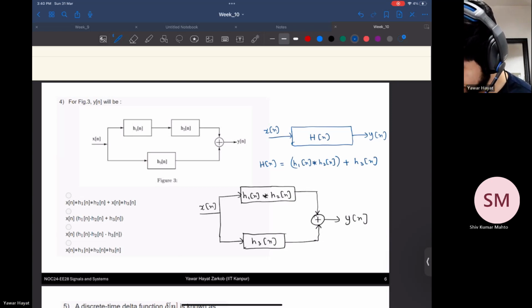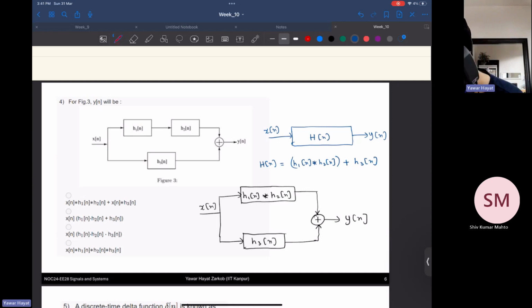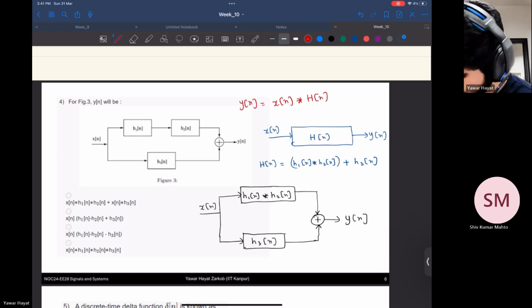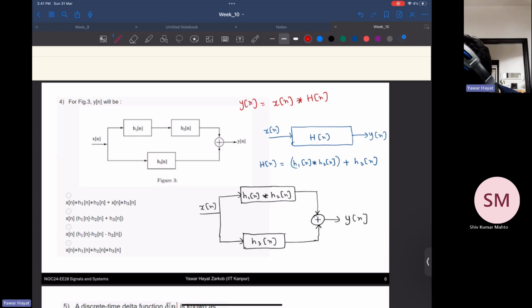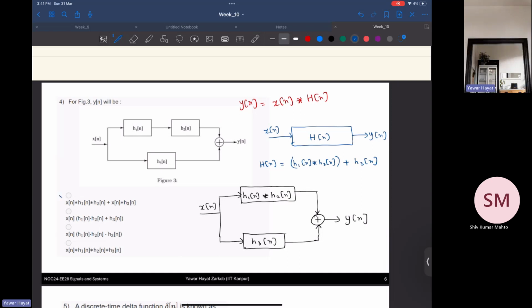But the job is not done if we need to find y of n, right? y of n is the convolution of this capital H of n with x of n. So y of n is x of n convolved with h of n. So which option should be correct? It should be option A, right?